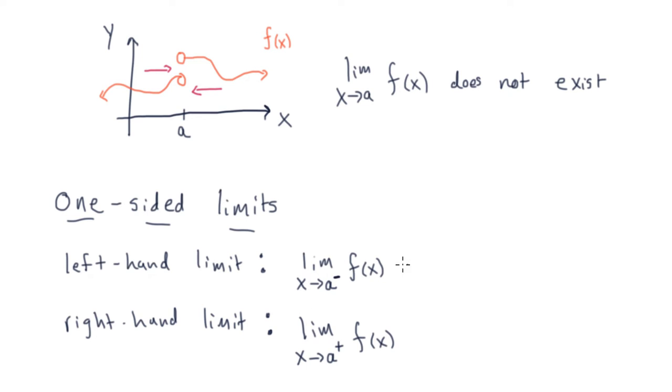And so another way to think about these limits, if we really wanted to evaluate the left-hand limit and the right-hand limit, is that we could take the limit as some small positive number epsilon goes to 0 of f of a plus epsilon.